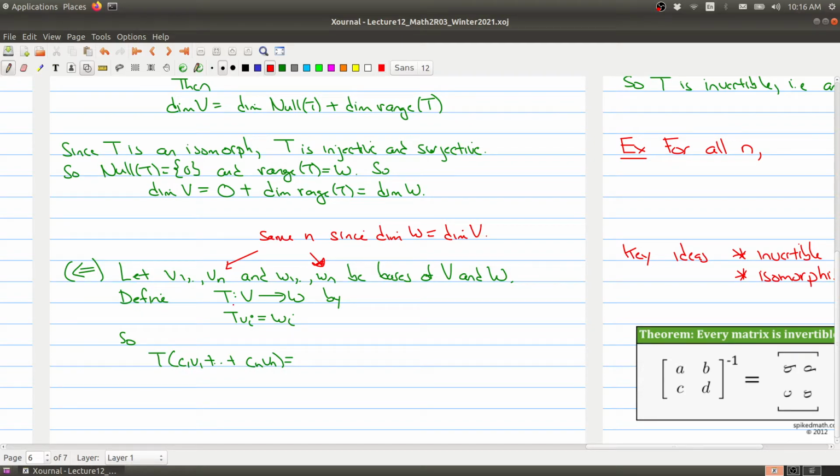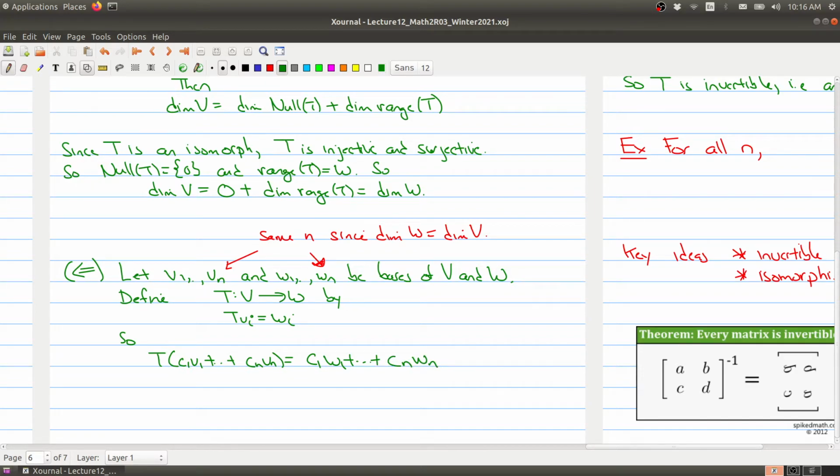And now we need to define a map from our vector space V to W. But remember, we can define a linear map by explaining where our basis elements are sent. So I'm going to define my linear map T by taking the first basis element of V to the first basis element of W, and taking the second basis element of V and mapping it to the second basis element of W. As a consequence, this map will take an arbitrary vector, which can be written in terms of its basis as C1 V1 up to Cn Vn, to C1 W1 up to Cn Wn.